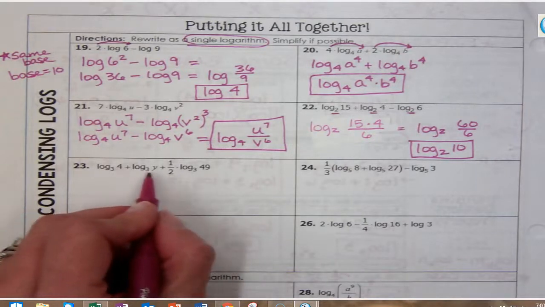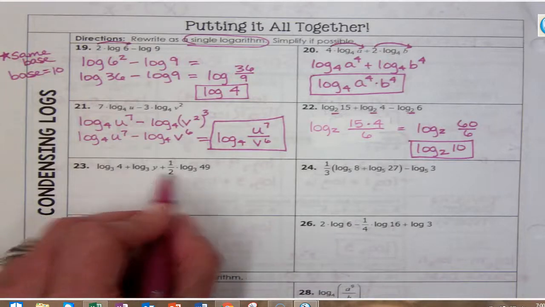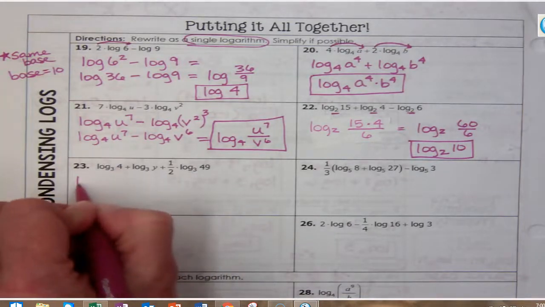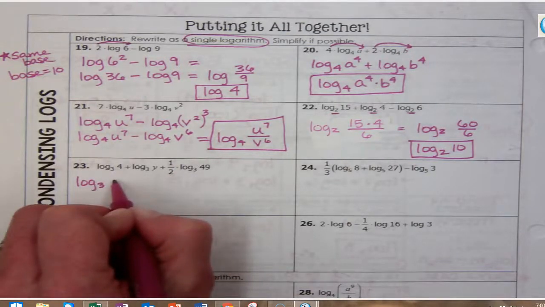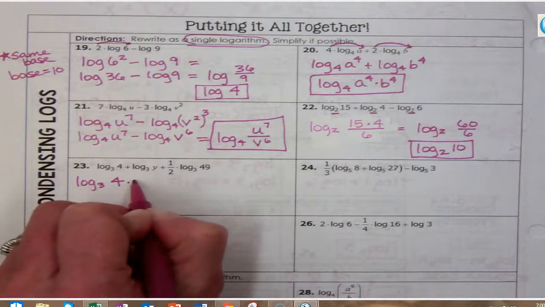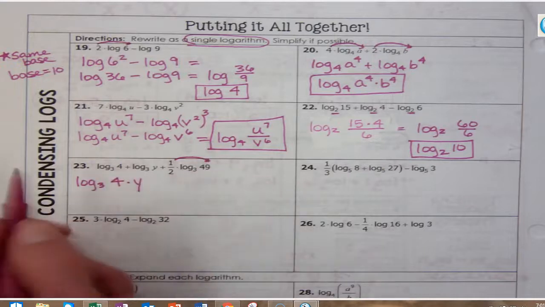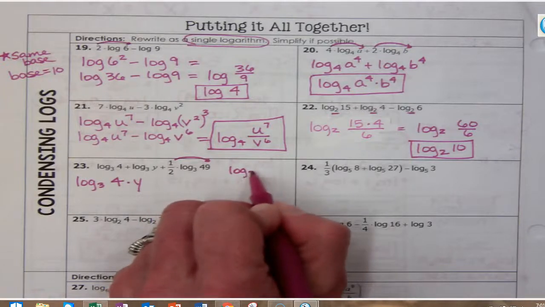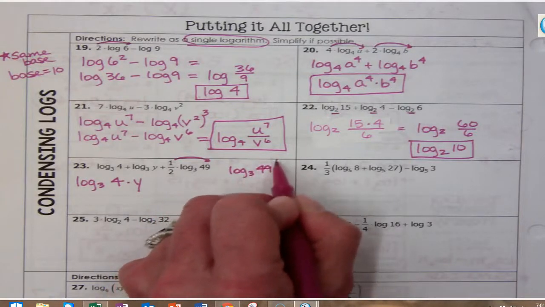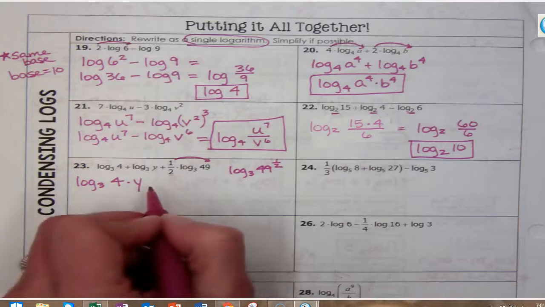Here you're adding, adding, and adding, so we're going to multiply all of these together. We've got the same base, so this is going to be log base 3 of 4 times y. If you separate this out, that would be log base 3 of 49 to the 1/2 power, and hopefully you're getting that this is log base 3 of 7.